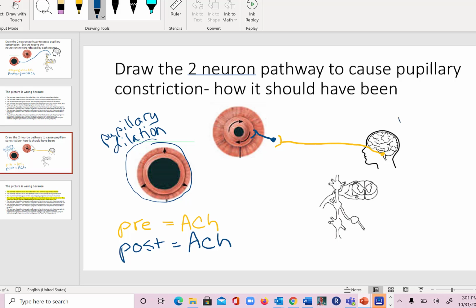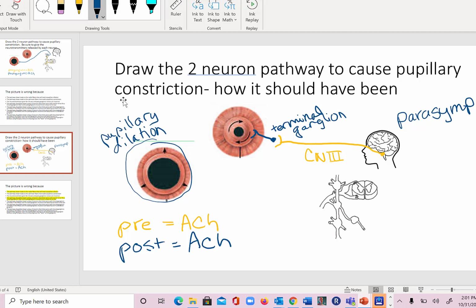Pupillary constriction should be parasympathetic, in which case it should have been cranial nerve number 3, which is the oculomotor nerve, and then a terminal ganglion near the eye, and it should have targeted the sphincter muscles, which are circular, to cause pupillary constriction.